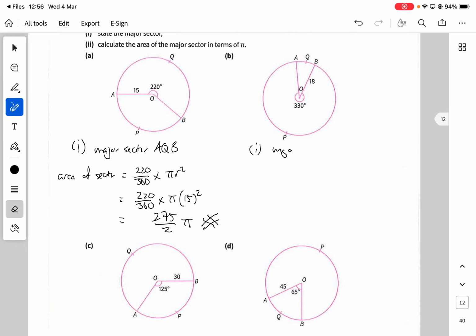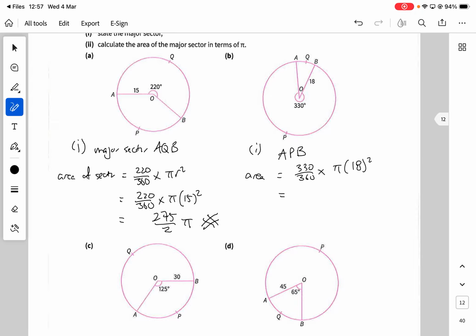How to find question 1? They are asking you which side is the major sector. Okay, so in here, the major one is this bigger piece of area. So when we name this bigger piece, we must name it with a midpoint: A, Q, B. Like that is the bigger piece.